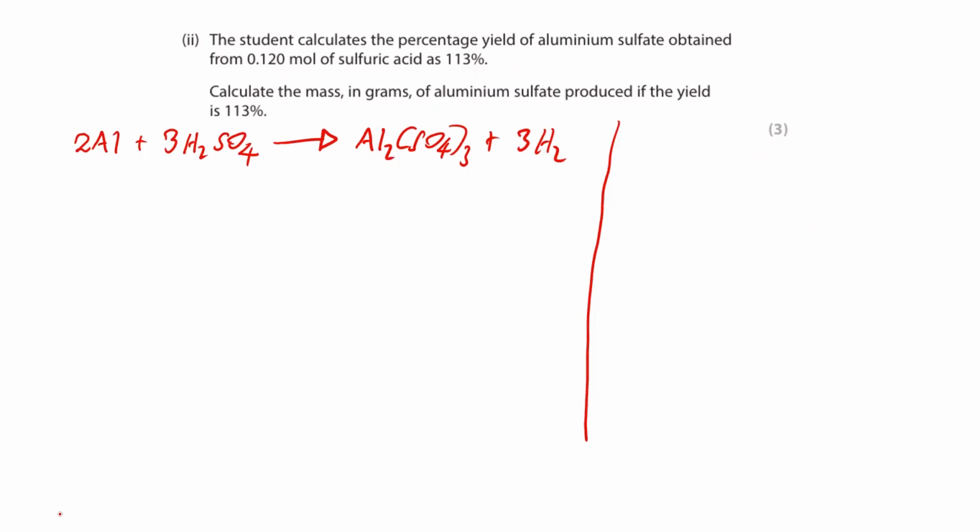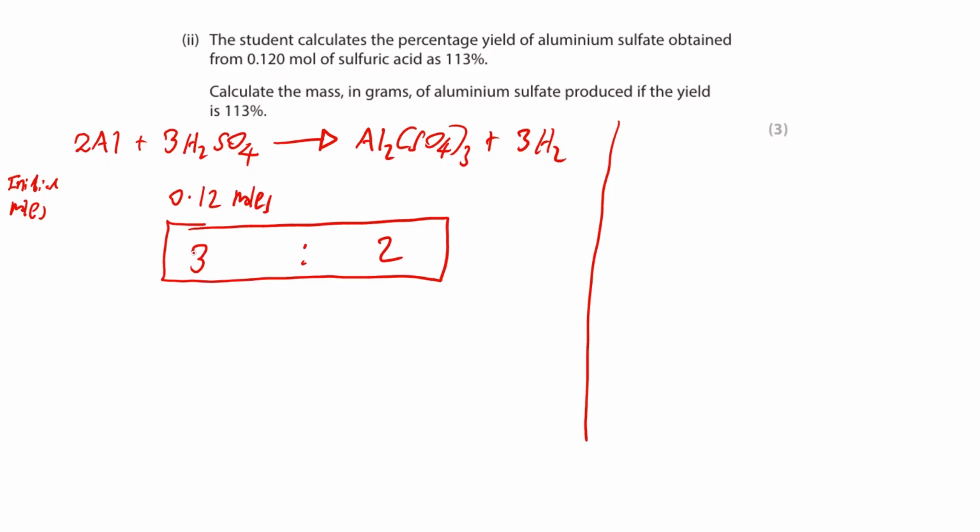So let's take the initial moles. We have used 0.12 moles. And we know that when they react, their reacting ratio is 3:2, because I'm only focusing on the aluminium sulfate product. So I know the amount of aluminium sulfate we are supposed to get.